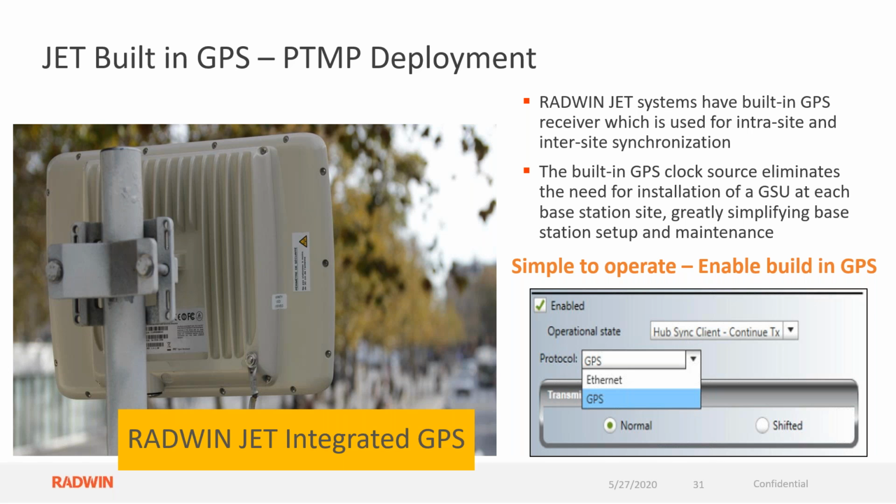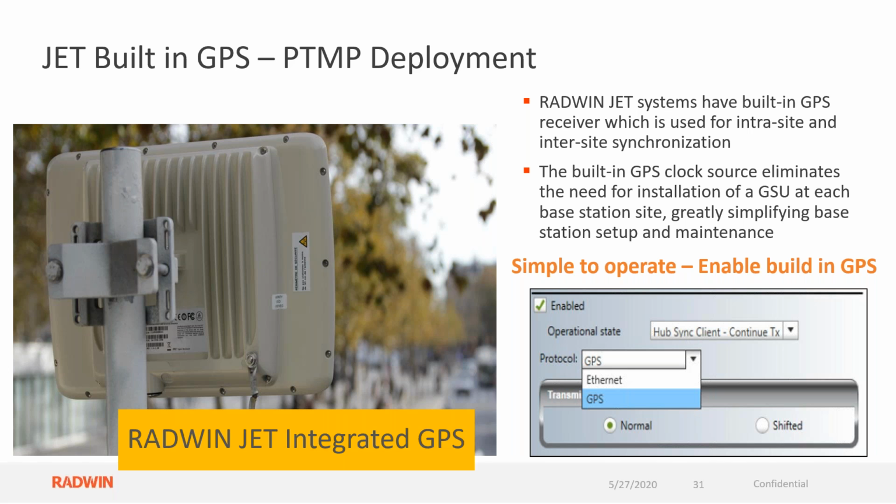There's no need for an external GSU. You don't need to invest in another unit in the tower. You just need to enable the integrated GPS in each one of the base stations.